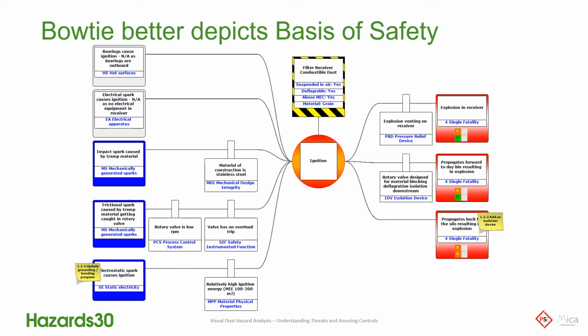We've got a rotary valve that prevents the transmission downstream. But in this case, that ignition could go back into the silo, and we don't have any measures in place here. So these post-it action notes are advising us we need to take some remedial action.